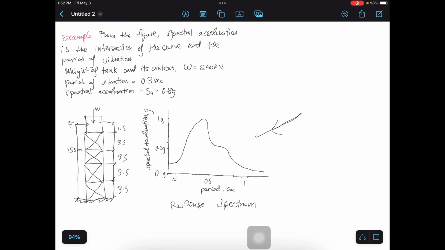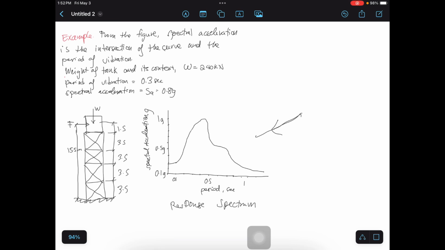So, for example, on the figure, given yung spectral acceleration, and then given yung data, yung weight ng tank, pati yung content niya is equal to 240 kilonewton. Ang structural frame niya has a period of vibration na 0.3 seconds.